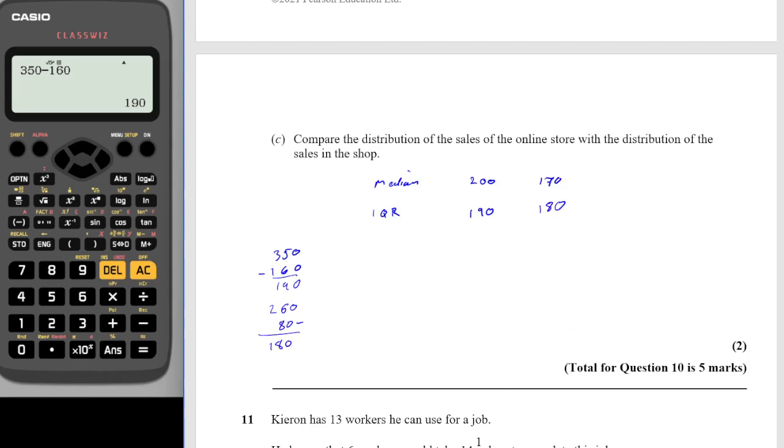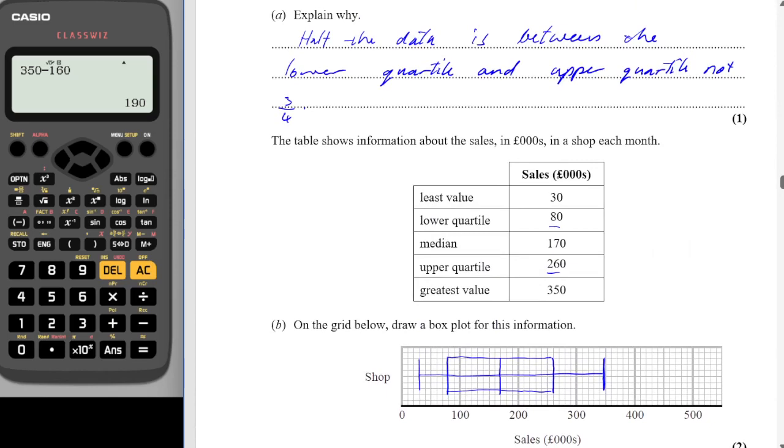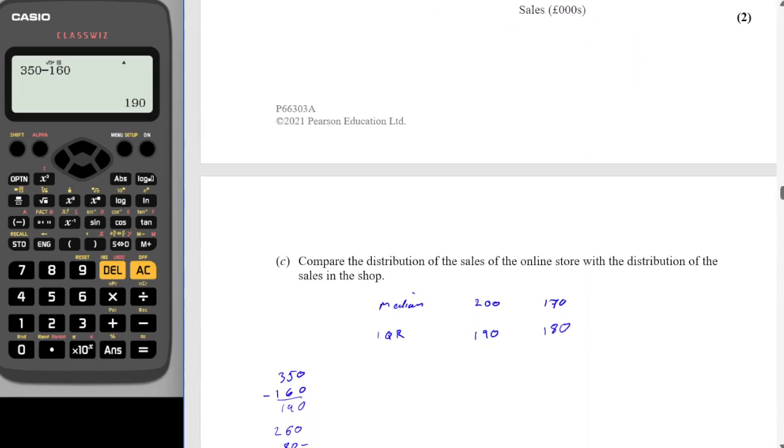So let me just check that I've got these right. This was the online store. And then we've got the other one being the shop.